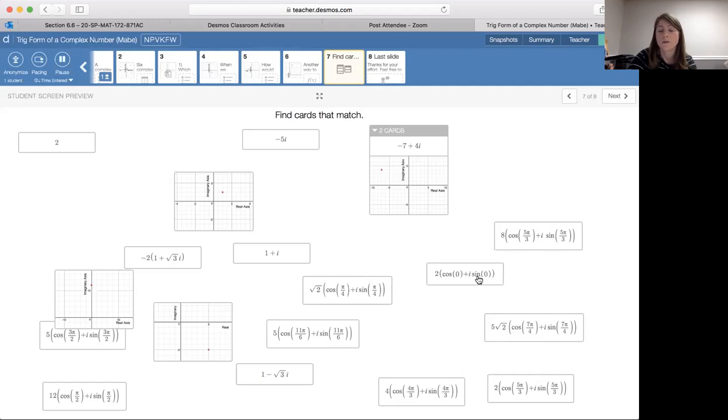Now, we know that sine of 0 is 0. So if you think about replacing this, this is really 2, or just 2 over and 0 rotation. So you can think about pairing some of these if you can look at it and tell what it should pair with, like maybe those two. This is going to give you practice with converting between standard form and trig form.